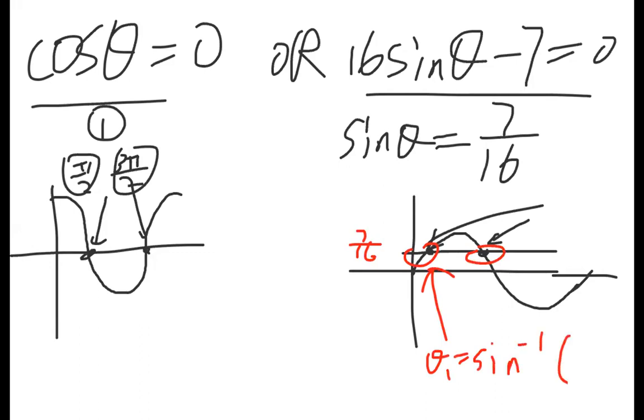The inverse sine of 7 over 16 is roughly 0.4528, right?